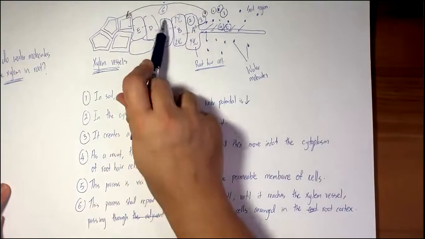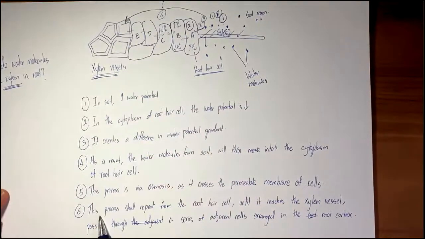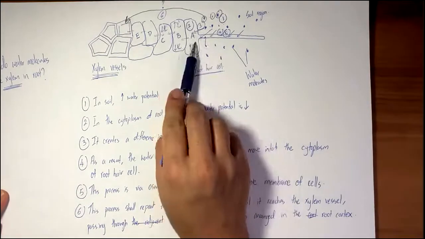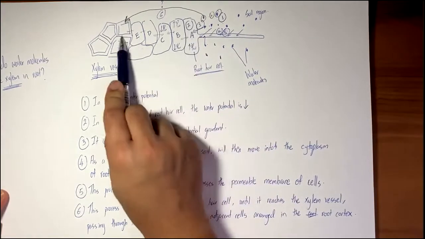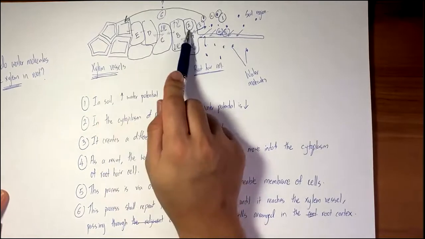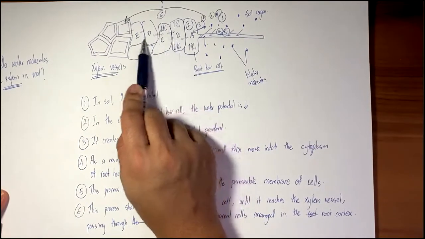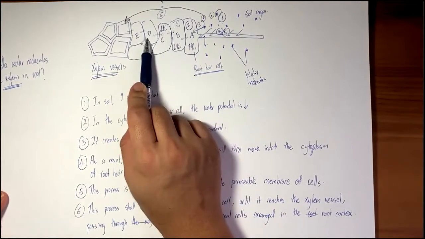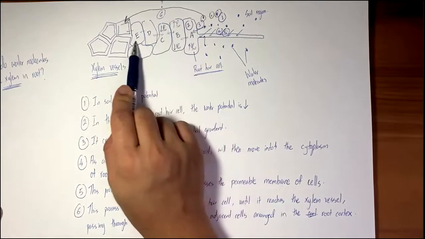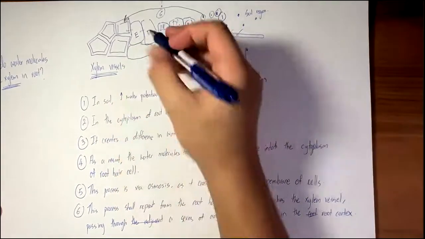At number 6, this process shall repeat from the root hair cell. So it will keep repeating from the root hair cell until they reach the xylem vessel, as it passes through all the cells in between, which are arranged adjacent to one another in the root cortex here. Okay, so all of this is happening all the way through via osmosis.